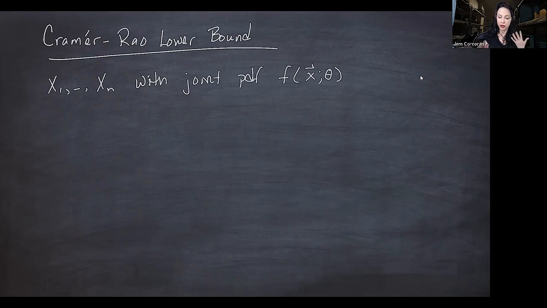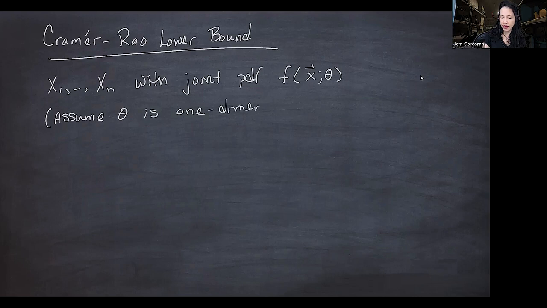So there is a higher-dimensional Cramér-Rao lower bound, but for now, let's assume theta is one-dimensional and not in the indicator, because the Cramér-Rao lower bound fails there. Not in the indicator for the PDF for the distribution.